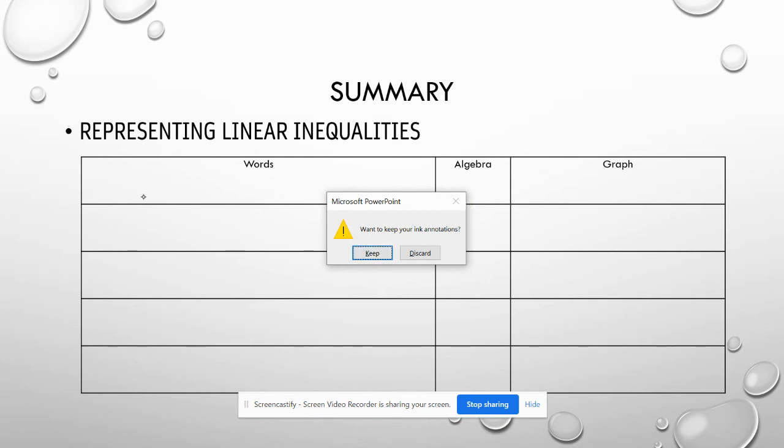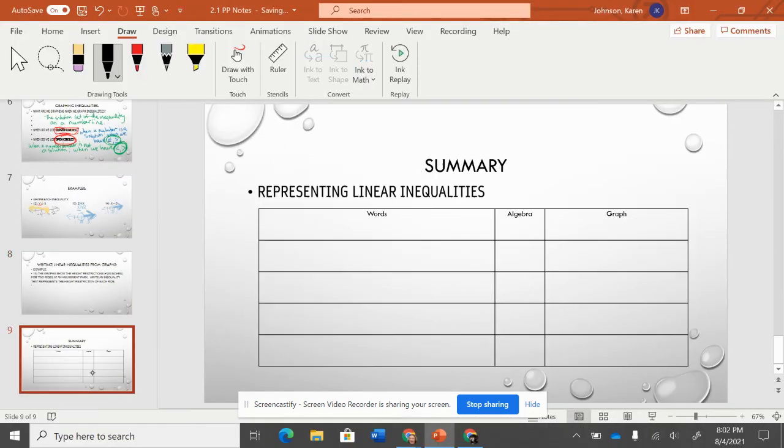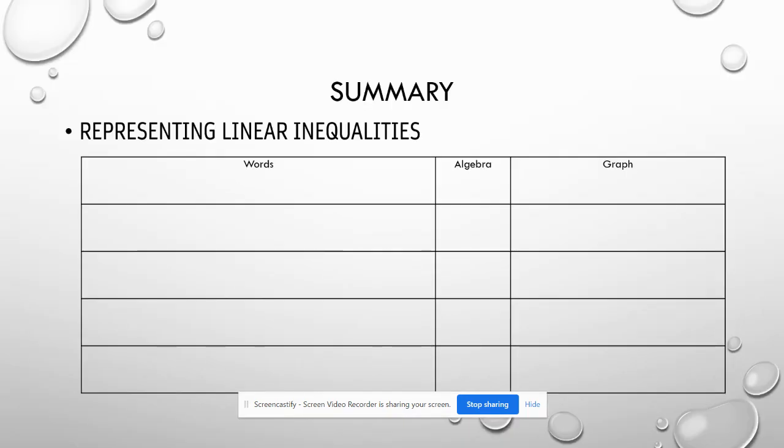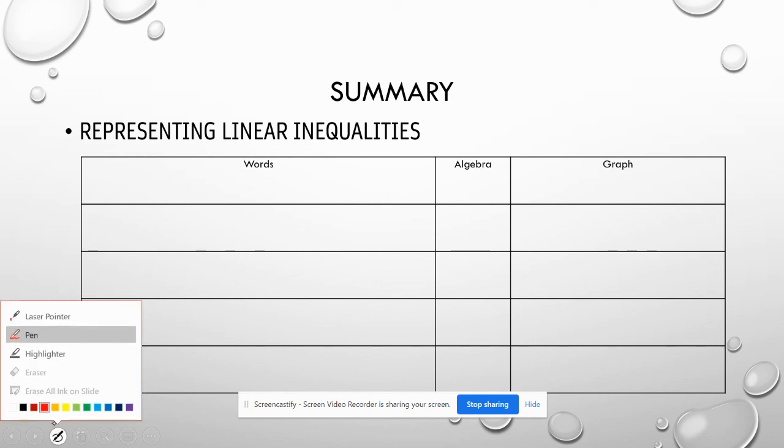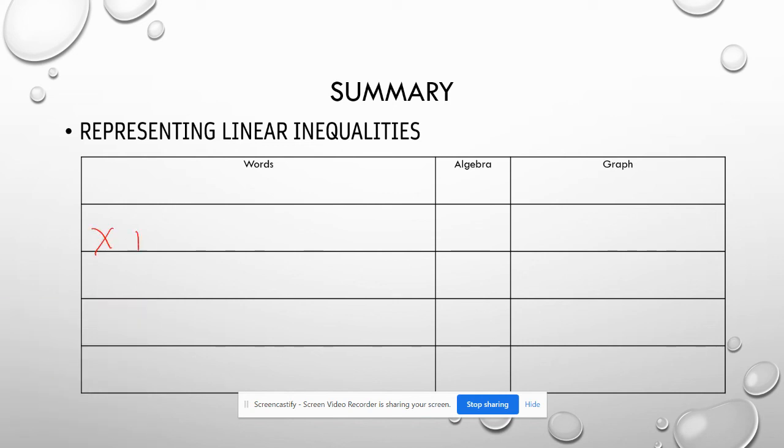So in our summary, in words, if we have x is less than 2, in algebra, that's going to look like this.